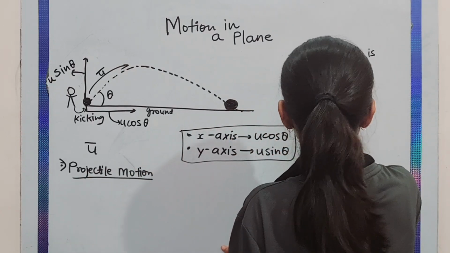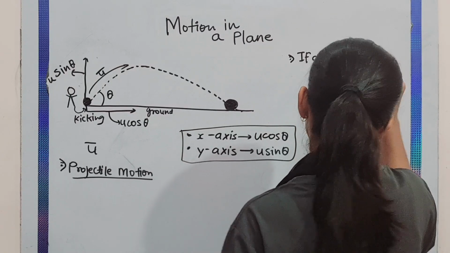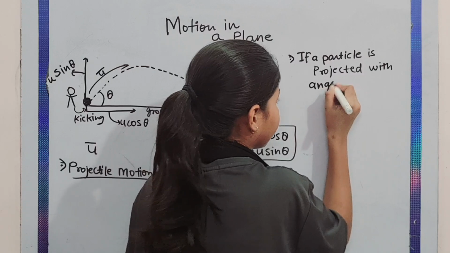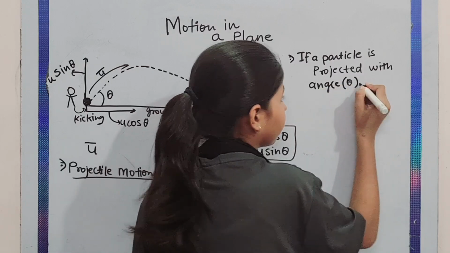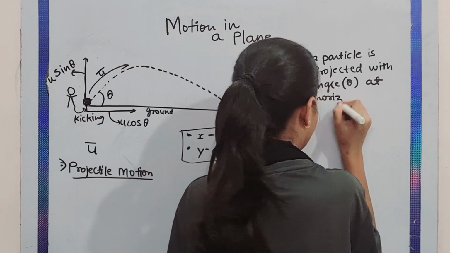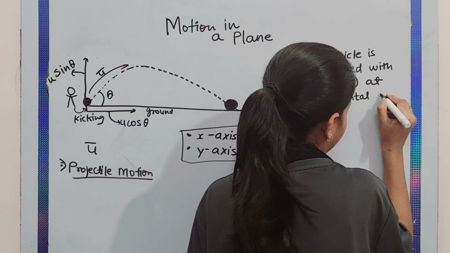Okay, I will make you understand, don't worry. So if a particle is projected with angle theta at horizontal level, I am not writing horizontal axis, I am just writing horizontal level.